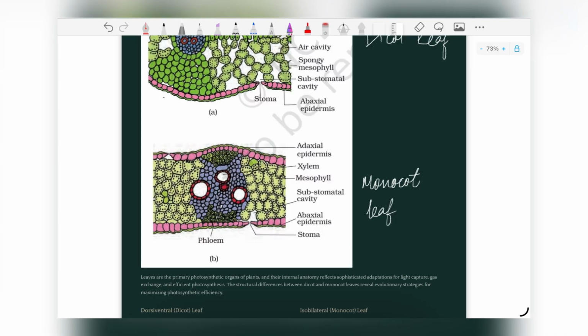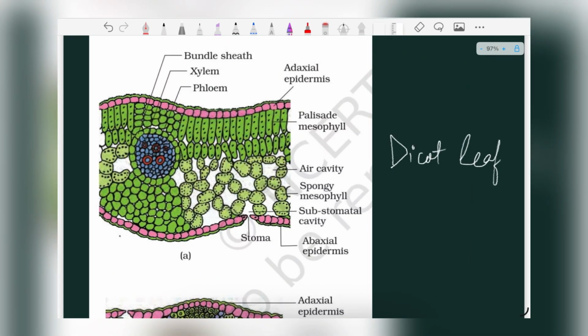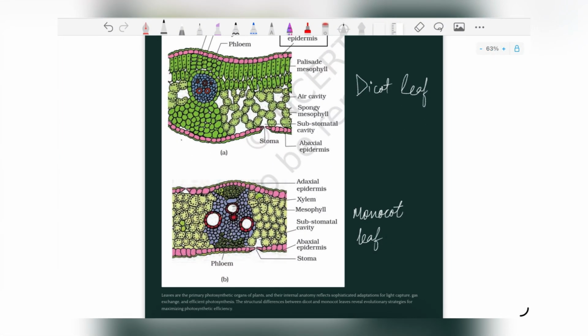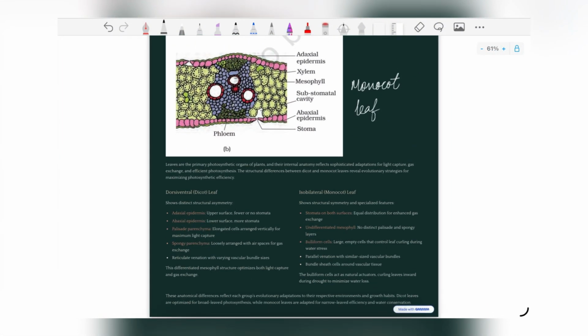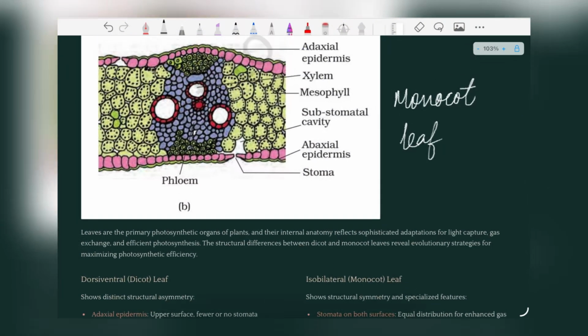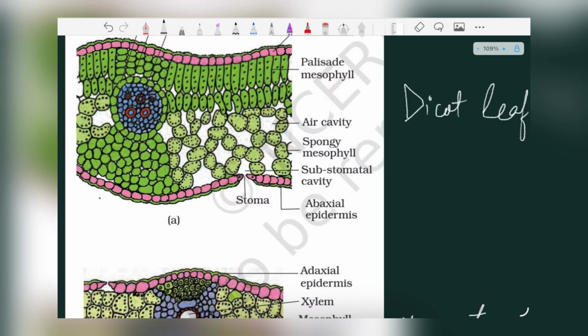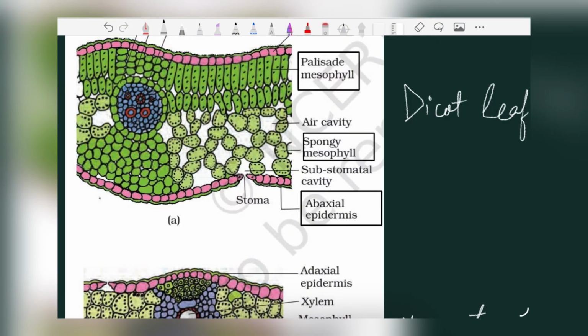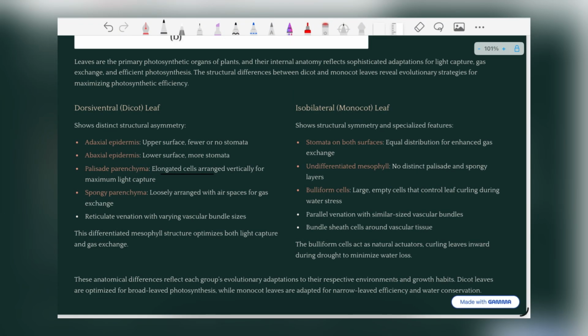In dicot leaf, you can see that the adaxial or the upper surface is of palisade mesophyll, due to elongated cells arranged vertically for maximum light capture, and the abaxial epidermis is covered with spongy mesophyll for gaseous and water transport.